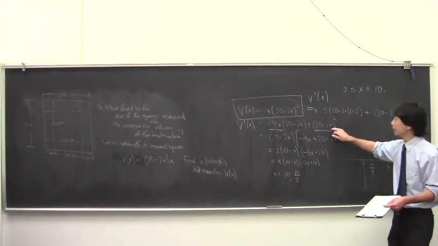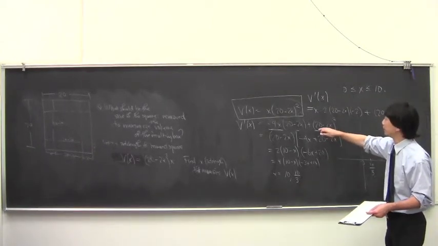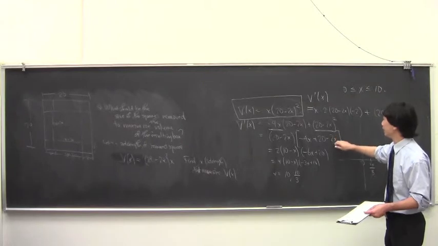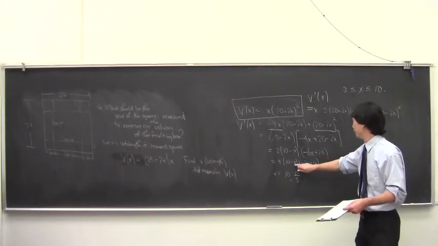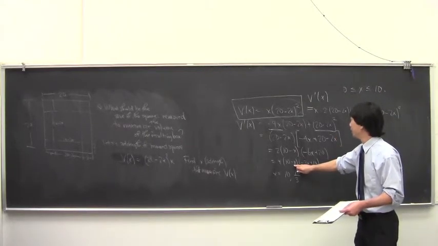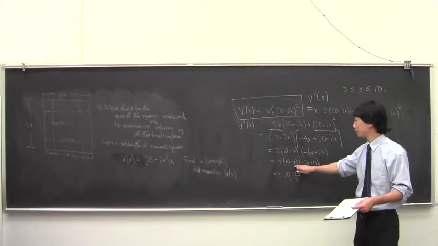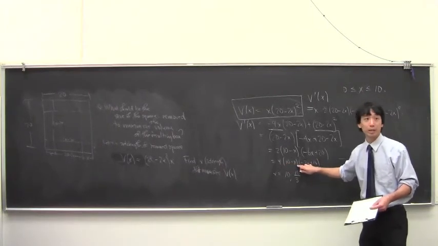You can see it just by consideration, or you can see it by using the first derivative test, right? Because again, what you see is that V prime is a positive parabola. You have this 12x squared term on it, right?